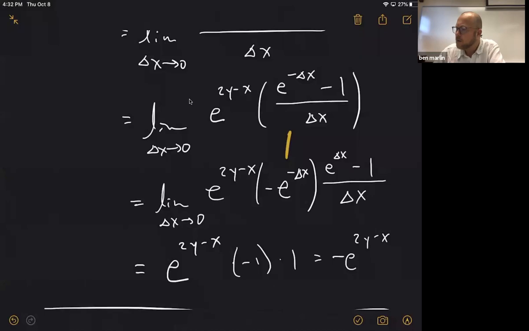So I knew that in this part here, I needed to have this special limit, e to the delta x minus 1 divided by delta x, which in the limit is going to go to 1. Remember how sine x over x goes to 1 as x goes to 0?